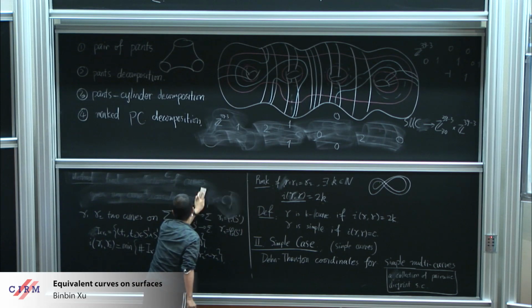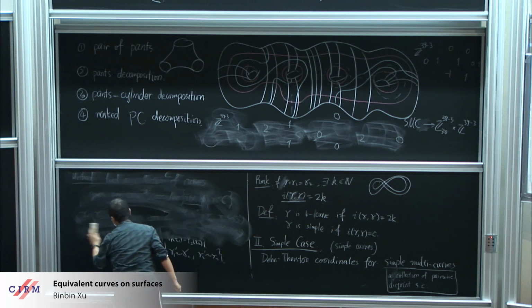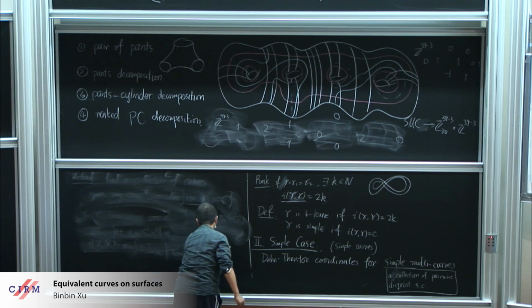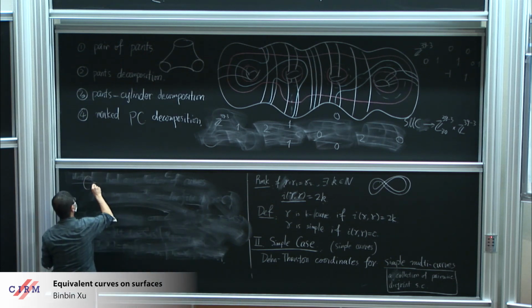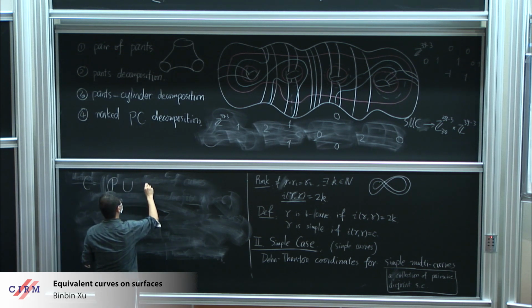So this collection for the simple curve includes first the path curve, and then this C will be first the union of the path curve with the dual curve. Let me use maybe CP.